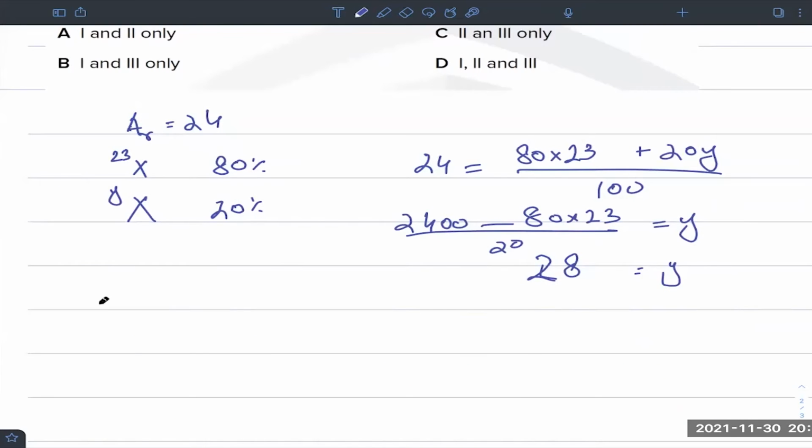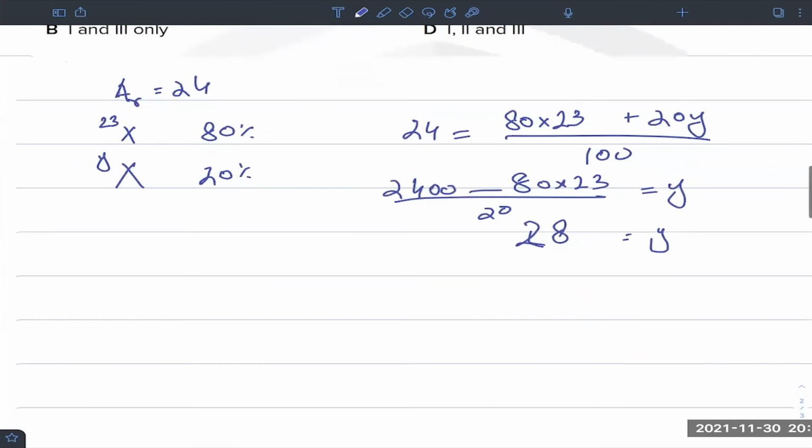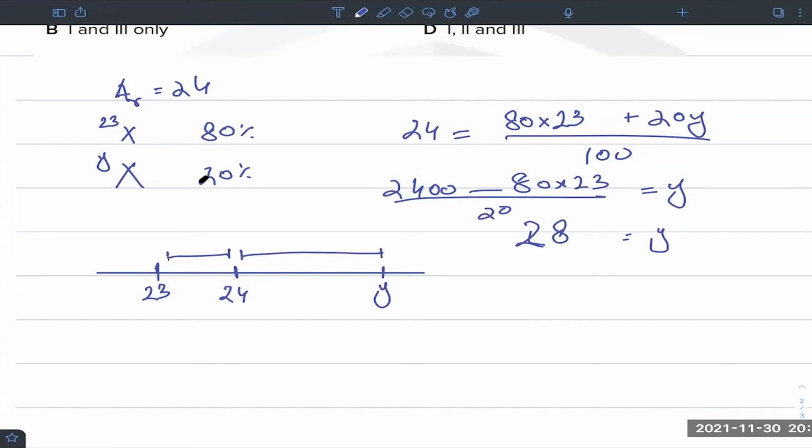You can do it through number line as well. So if this was a number line and this is 23, and this is 24, and this is y. So the ratios are 4 and 1, which means if this is 1, this is 4. So what is 4 steps away from 24? 28.